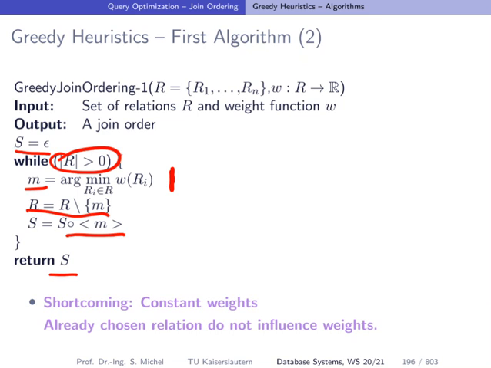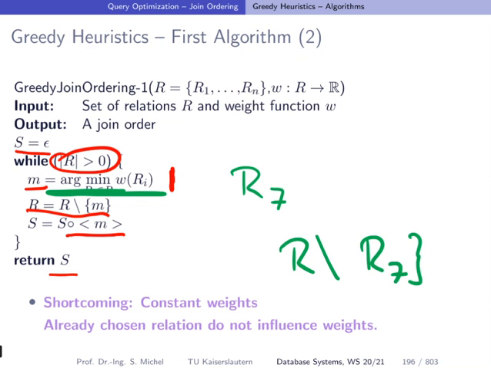The problem is that if you're picking, let's say, R7 first, then the next ones, which is R without R7, somehow intuitively should depend on the already done choice of R7.